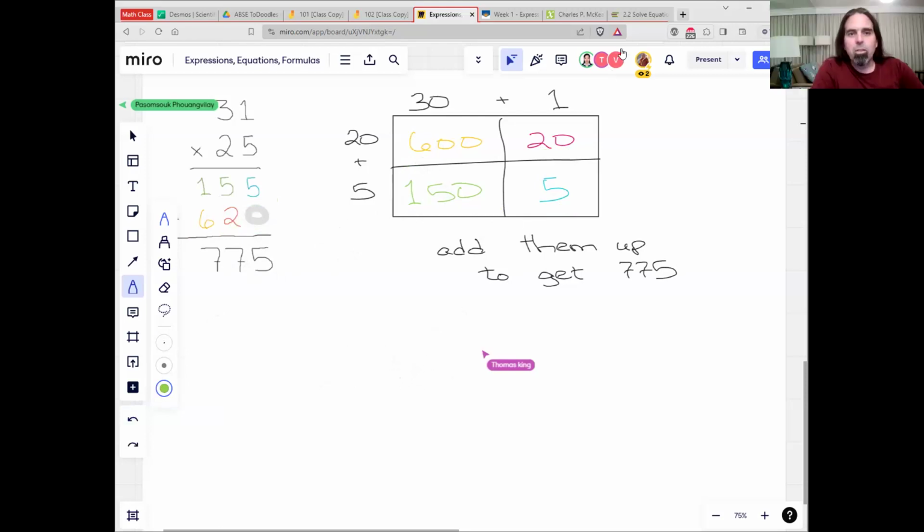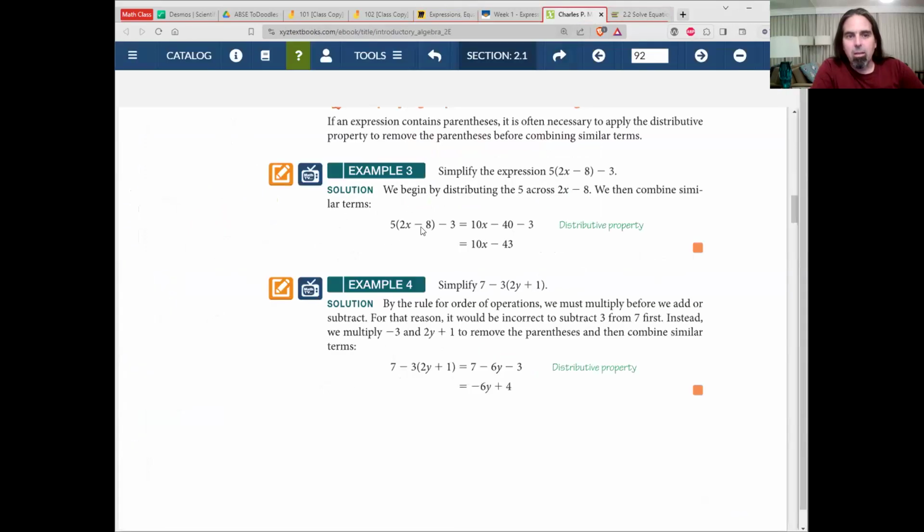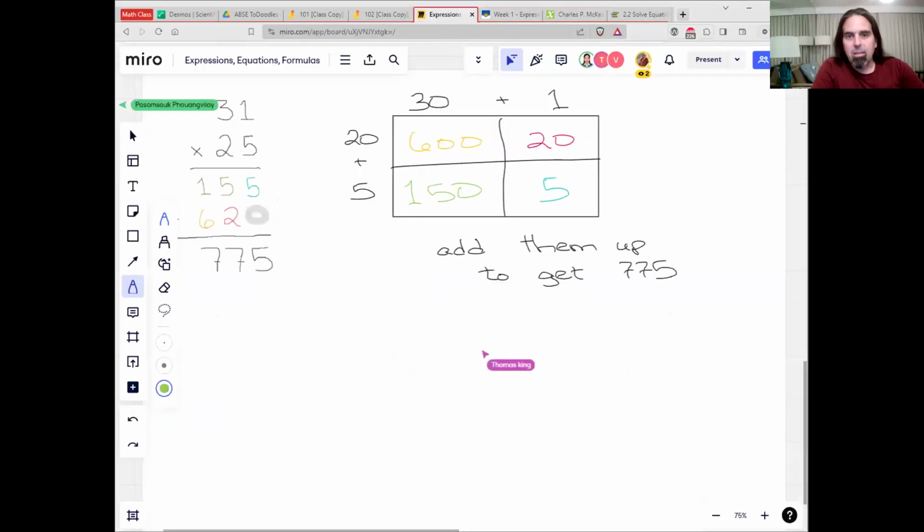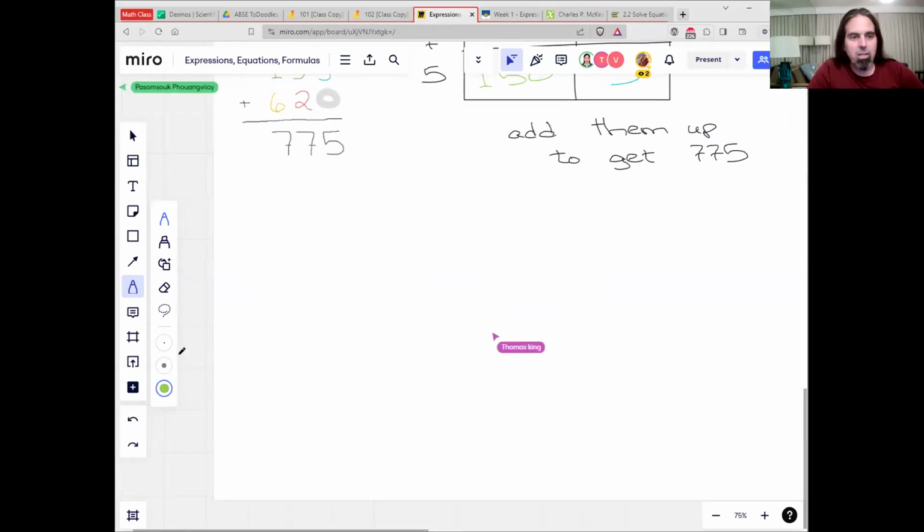Now we can do the same thing with these problems. What's 5 times 2x minus 8? Well, it works exactly the same way. So 5 times 2x minus 8.